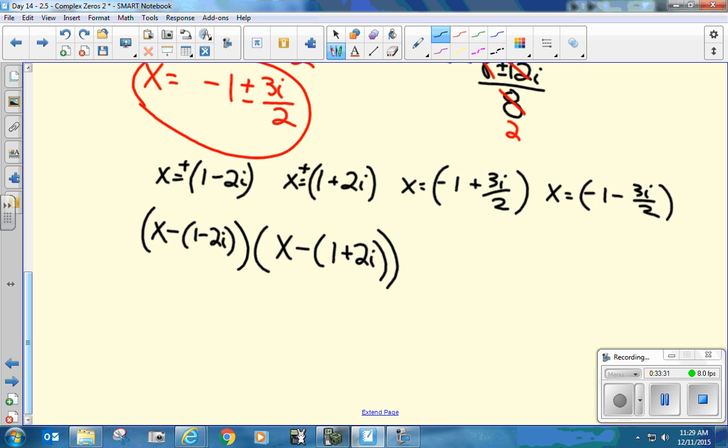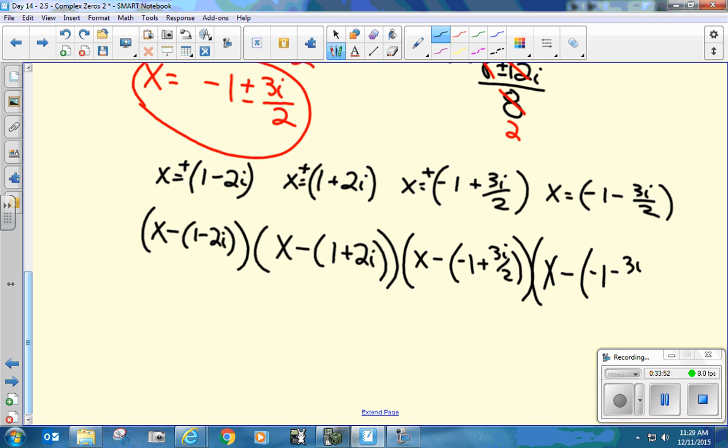I could distribute that negative if I want, but why? What's this next one? Don't forget, this is plus out here, right? So it's x minus negative 1 plus 3i over 2. And this one here is x minus negative 1 minus 3i over 2.